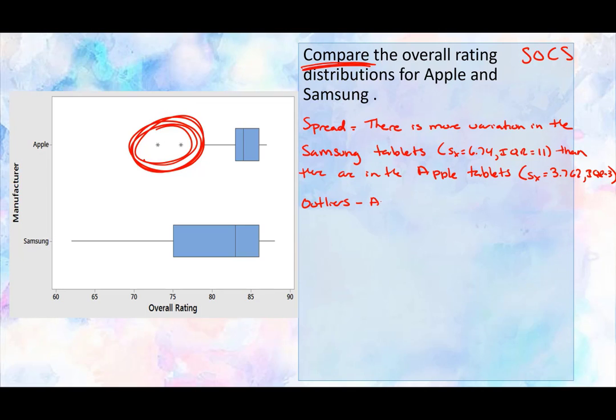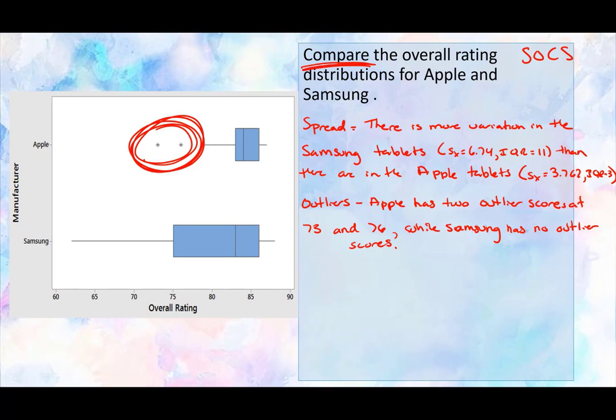We can say that Apple has 2 outlier scores at 73 and 76, while Samsung has no outlier scores.